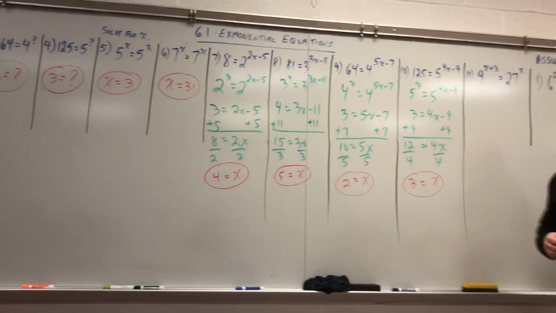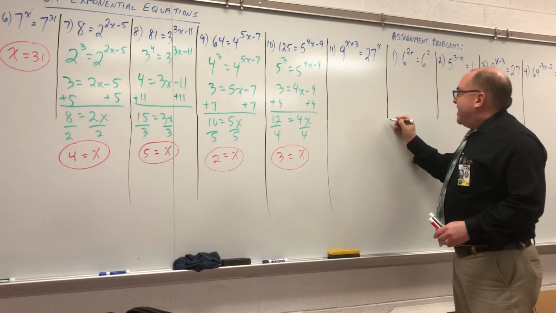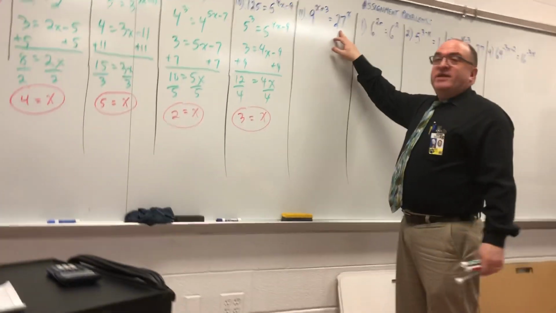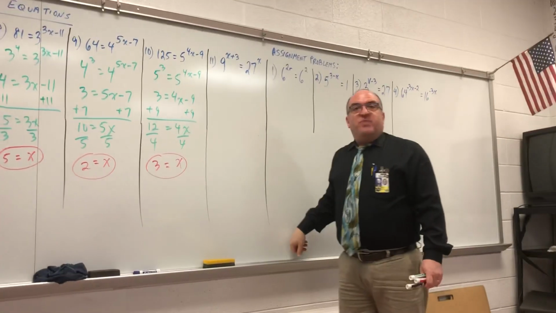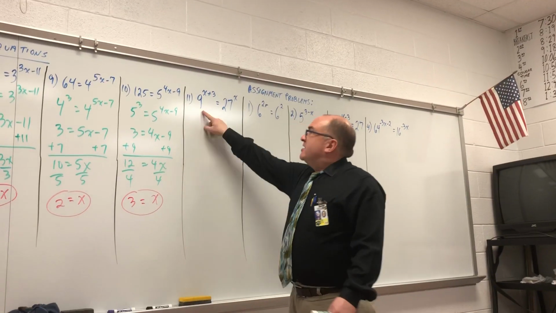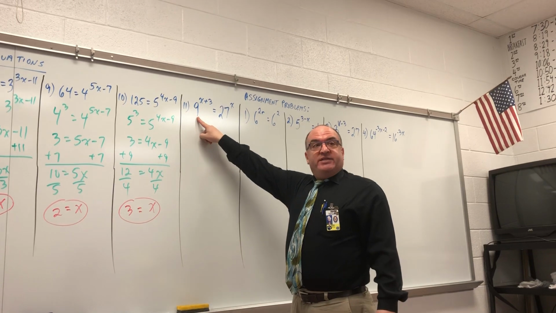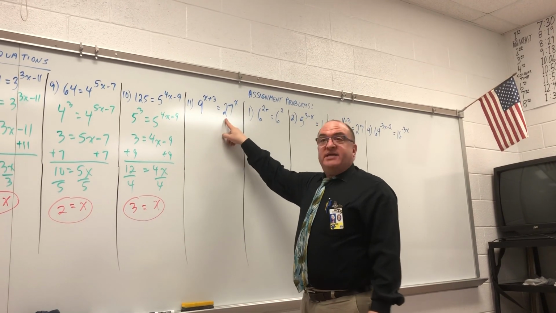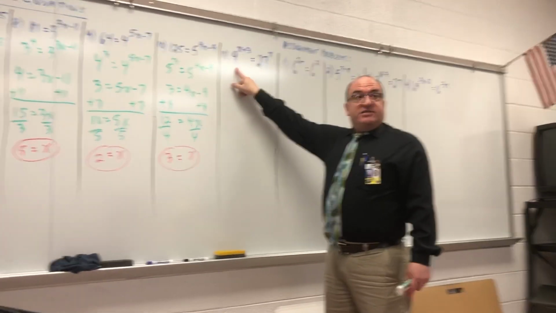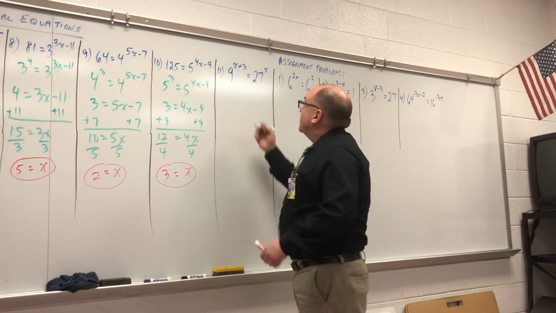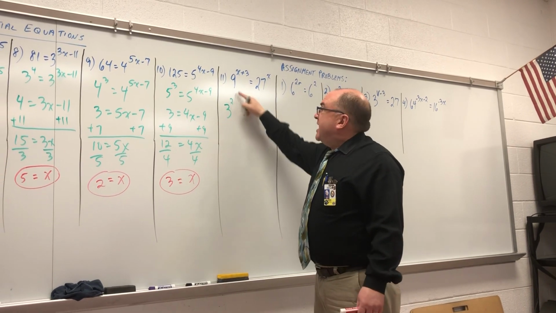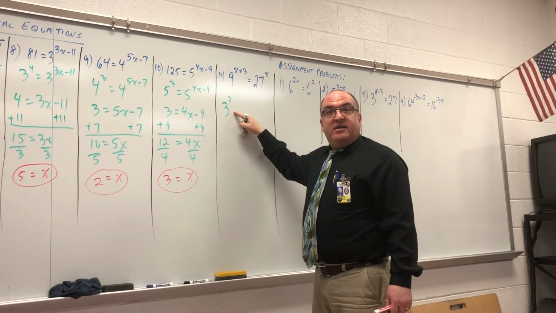Now, here's where it gets extra interesting. All right. So 27 isn't 9 to a power. But this is 3 to a power, and this is 3 to a power. So I'm going to make this 3 squared. Not 9 is 3 to the second power, right?